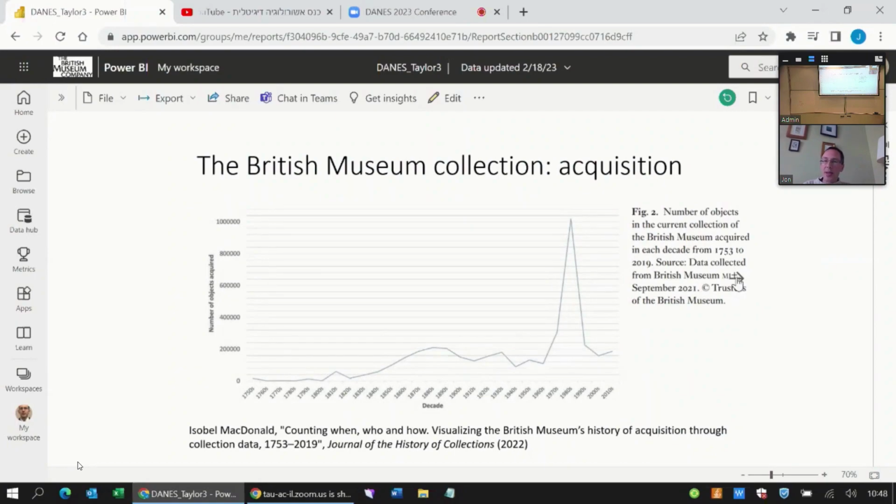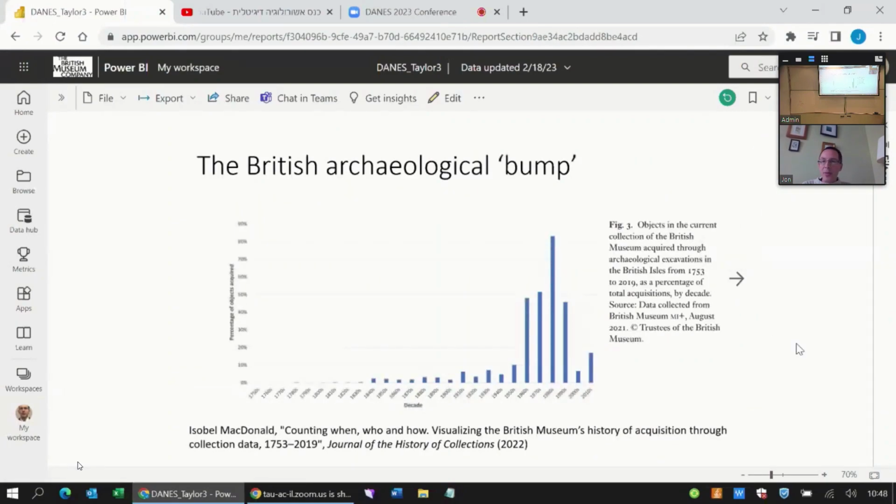And we can see an example of this here from the same article. That big bump at the end of the 20th century, this is to do with specificity of the UK. It's infrastructure work and resulting legislation that goes around that regarding what happens in terms of archaeology. So that is the impact on the British Museum collection. So that won't be true for Cuneiform, of course.